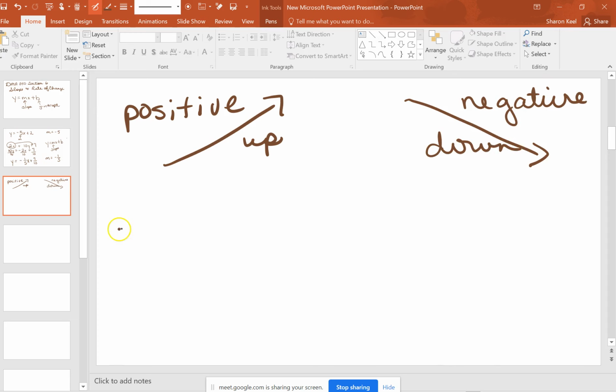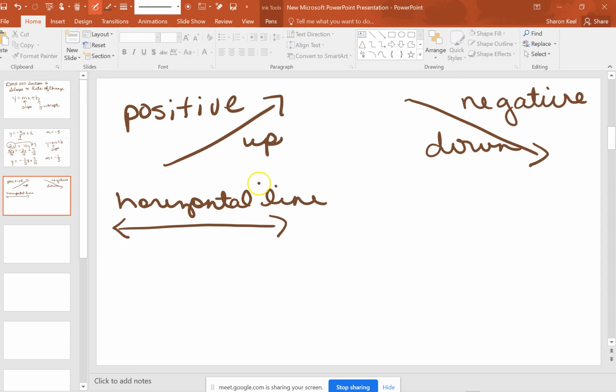The other two slopes we talked about were if you have a horizontal line. A horizontal line has a slope of 0. The equation is going to be y equals a number. So any y equals equation is always a horizontal line at the number for the y. You can type this one in on y equals and see the line on your calculator on the graph.